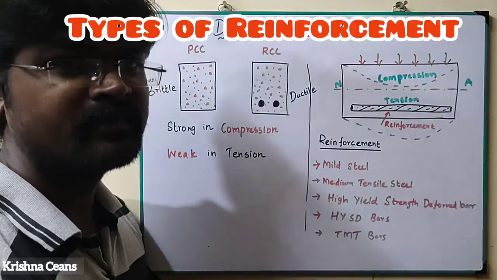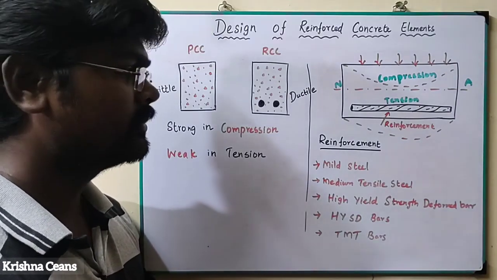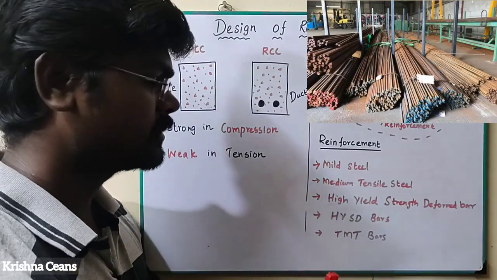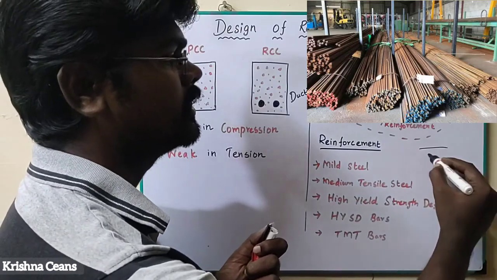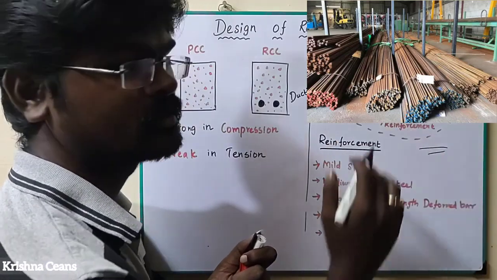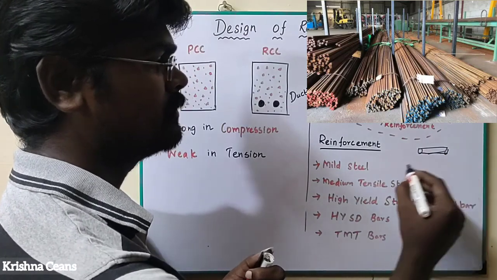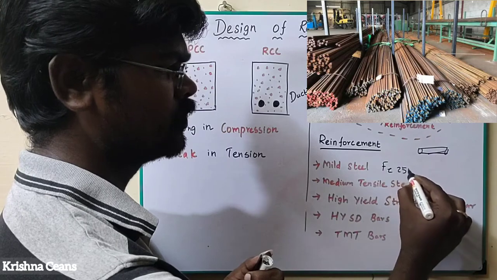So what are the different types of reinforcement available, and where are they used in the concrete? For RCC, first there is mild steel. Mild steel is what was used in olden days simply without any ribs. This we call ribs. Without ribs they use this steel, which we call mild steel. In technical terms we mention it as Fe 250.